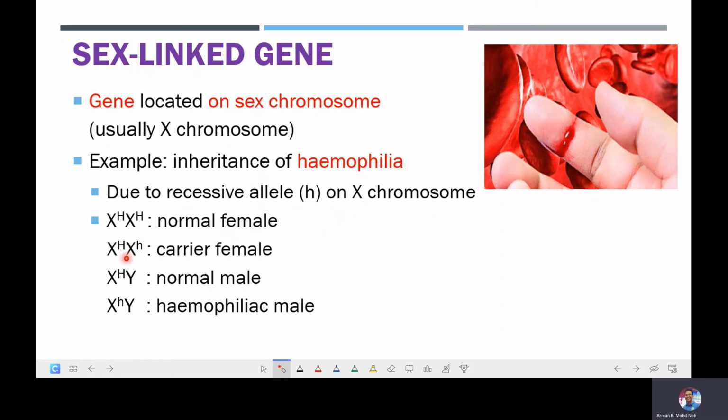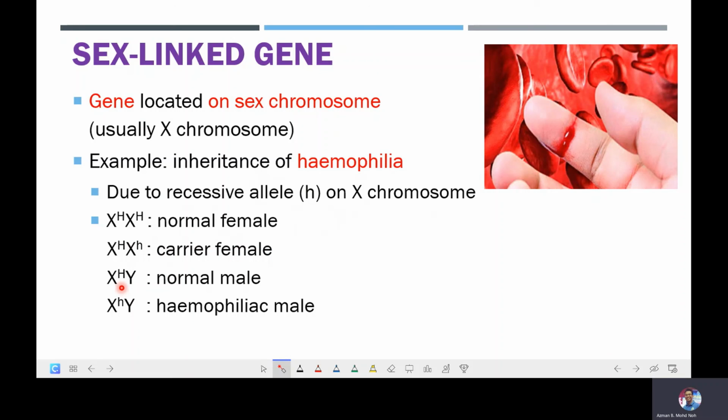Meanwhile, if the genotype is X capital H, X small h, then this female will be a carrier, in which this female will not have any hemophilia, but she will be able to pass the recessive allele of hemophilia to her children.